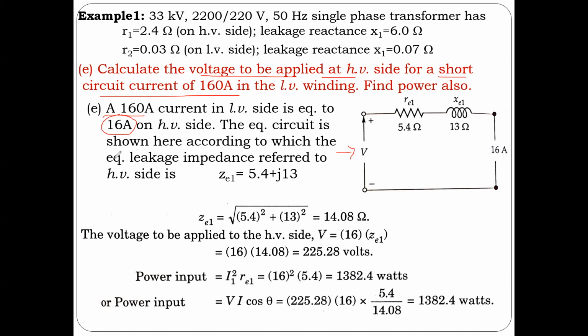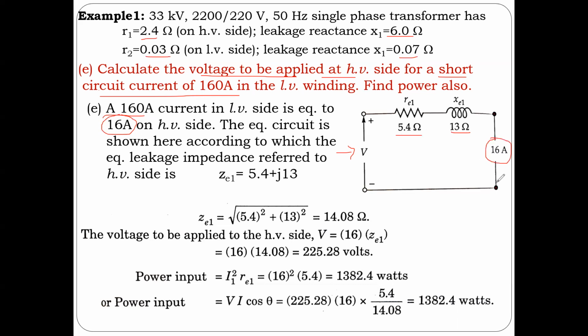Currents are converted in the inverse of their turns ratio when they're coming from the secondary to the primary. That will be divided by 10. And the equivalent resistance is 2 plus, now it will become 3. This will become 6 plus 7, 13. And this is 16 amps.